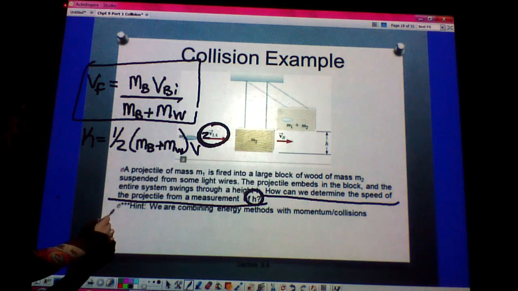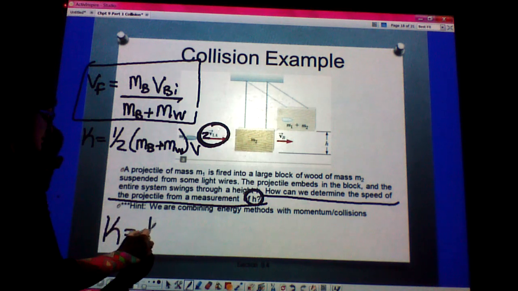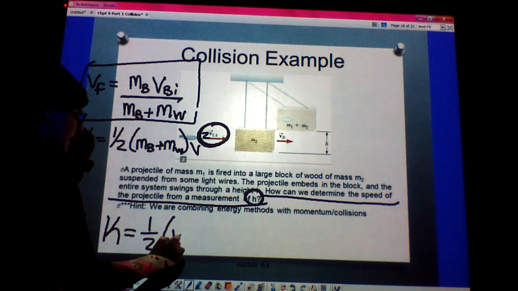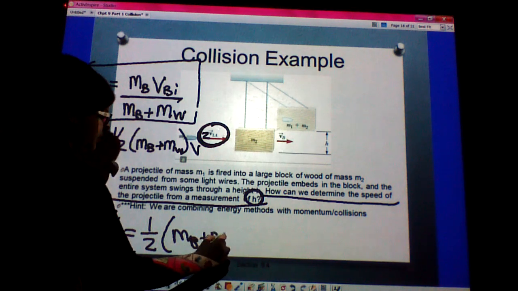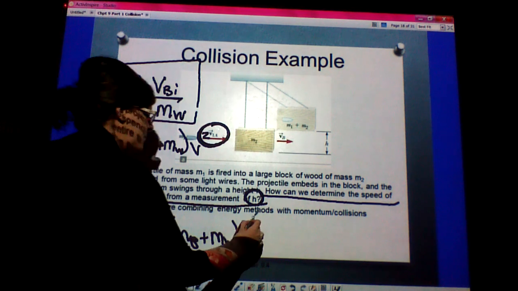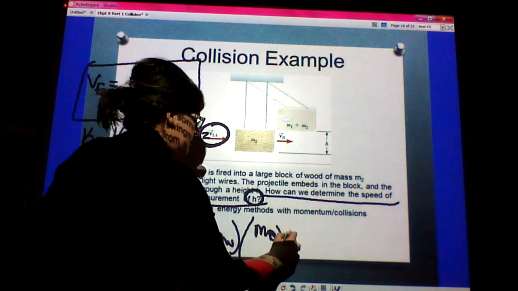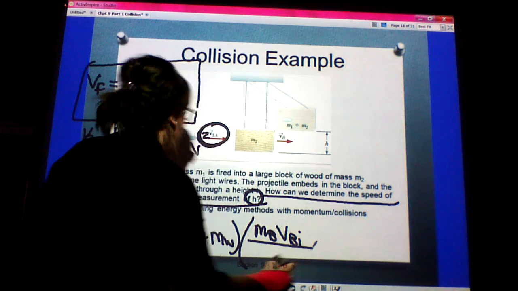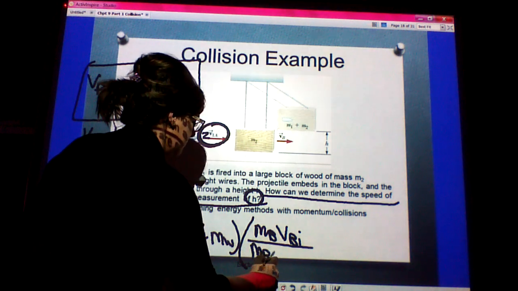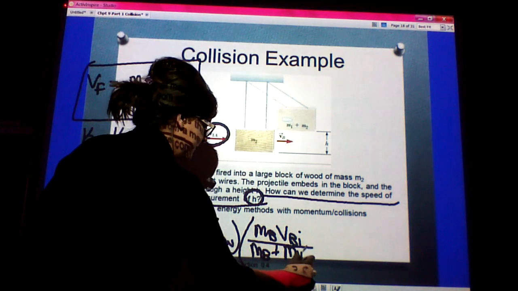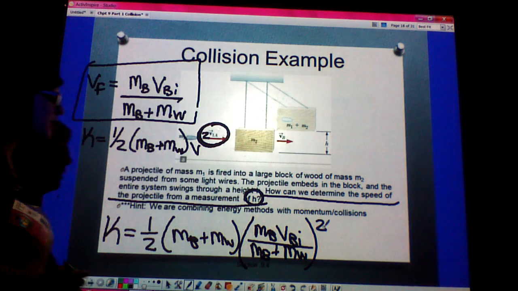So let's do that. K equals 1/2 times the mass of the bullet plus the mass of the wood. And then I want v, which is all of this, the mass of the bullet times the velocity of the bullet initially over the mass of the bullet plus the mass of the wood. All of that is squared.